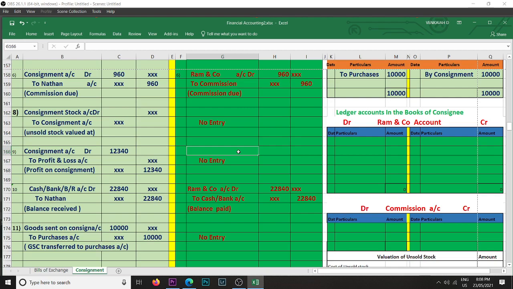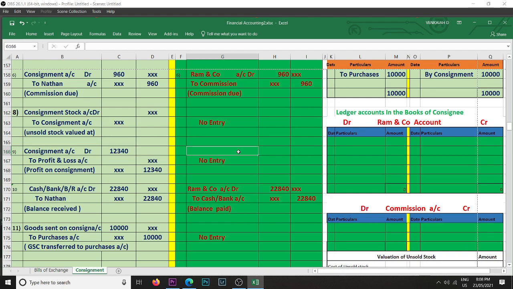Amount is 960. And in commission account by Ram account, amount is 960.